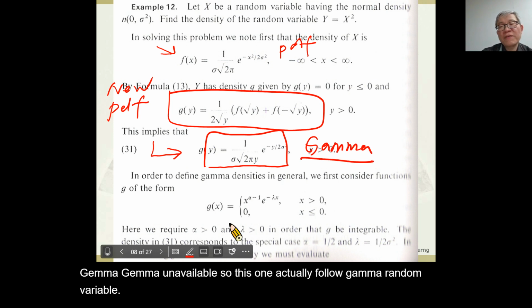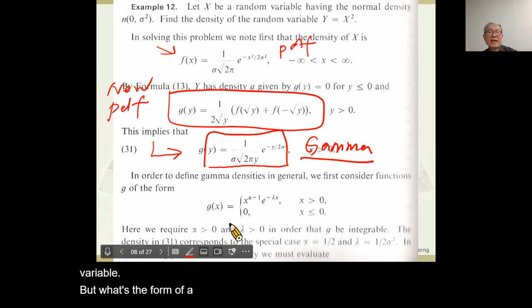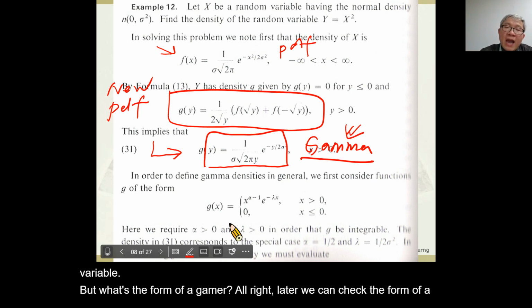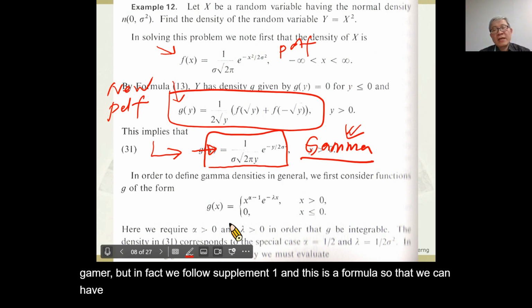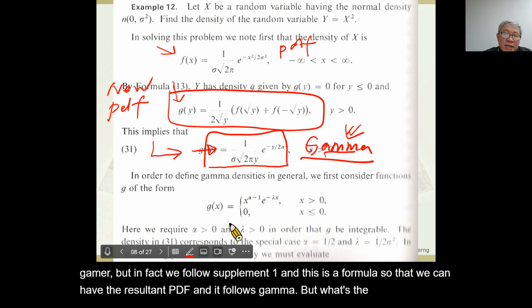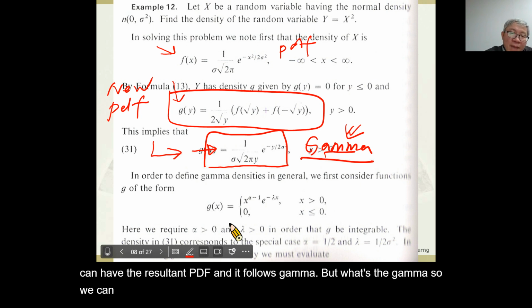But what's the form of a gamma? Later we can check the form of a gamma. In fact, we follow supplement 1, and this is a formula so that we can have the resultant PDF, and it follows gamma. But what's the gamma? We can have the gamma density definition first.